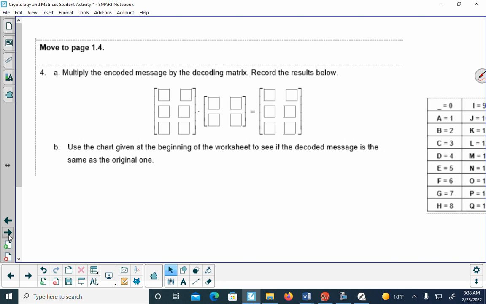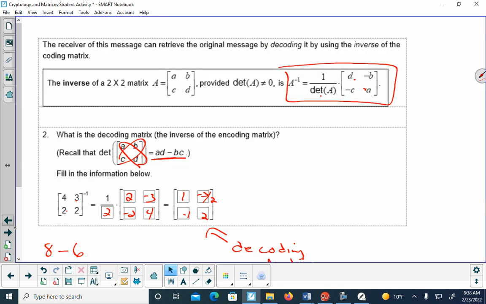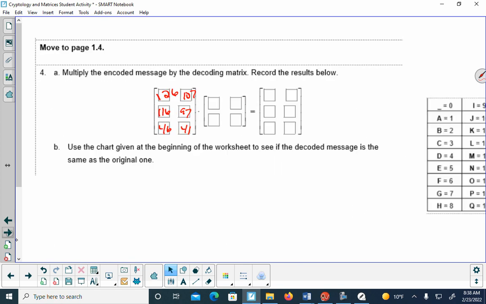Then it says multiply the encoded matrix. The encoded matrix was 126, 107, 116, 97, 46, and 41. That's what I got way back here. I'm going to multiply that by my inverse, which I just said was 1, negative 3/2, negative 1, and 2.